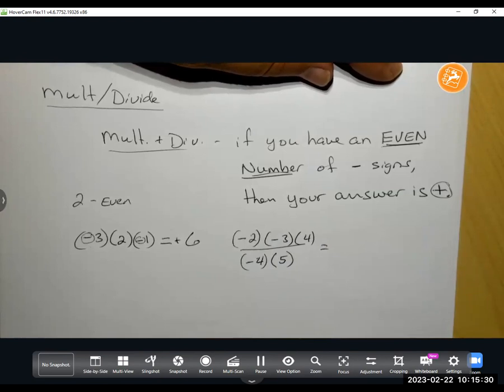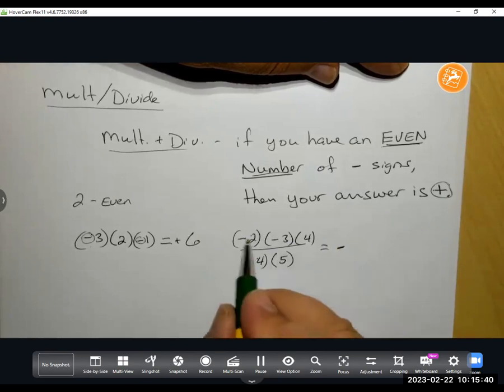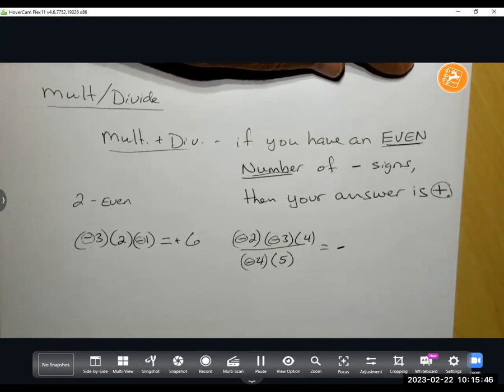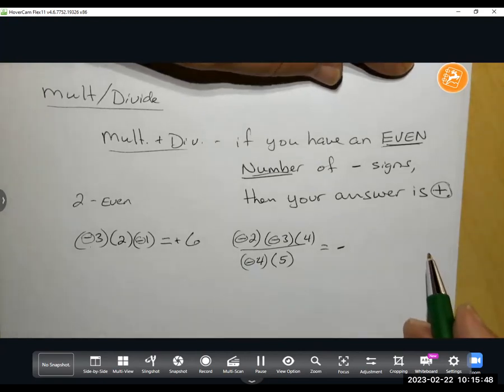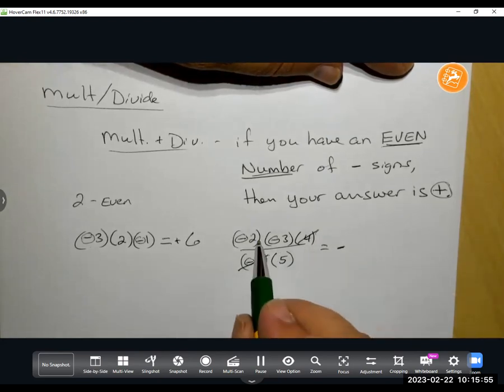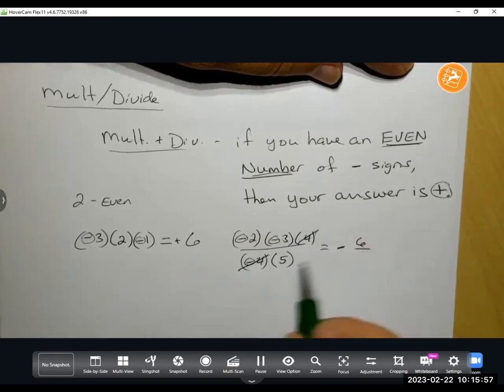This one, is the answer going to be positive or negative? It's going to be negative because we have 1, 2, 3 negative signs and 3's odd. So now we don't have to worry about the signs. Now we just cancel out stuff. 4 and 4 cancel. That's it. So 2 times 3 is 6 over 5.